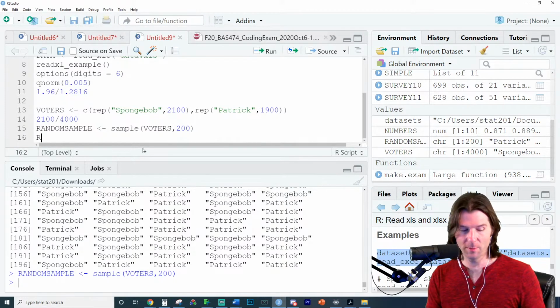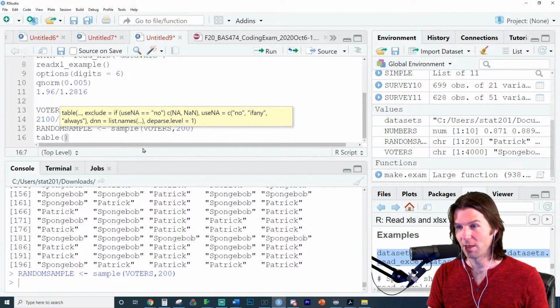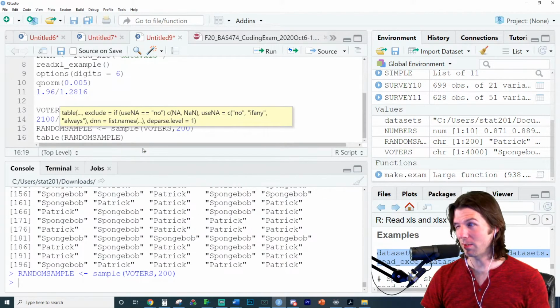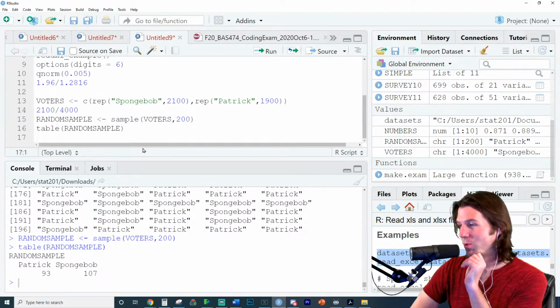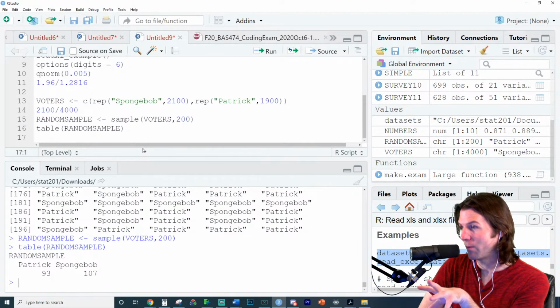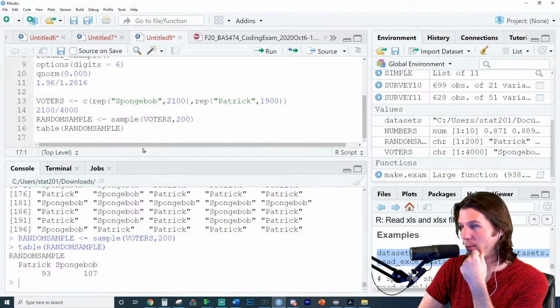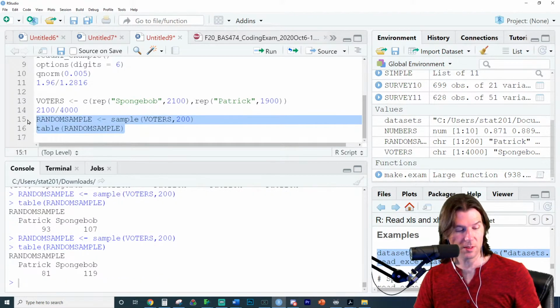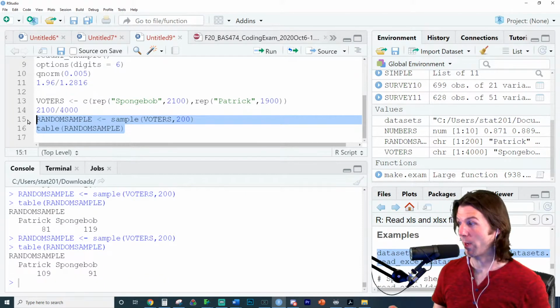So now from your random sample, let's make a table of it. We'll pretend we know the results, but we're just going to talk to people. Your random sample has 107 people voting for SpongeBob and 93 voting for Patrick. But your random sample could have turned out differently. Look at this random sample.